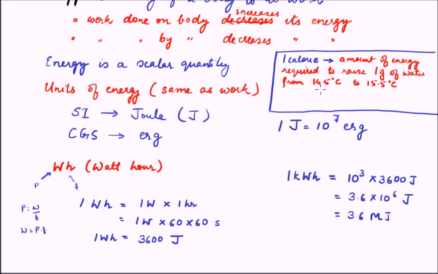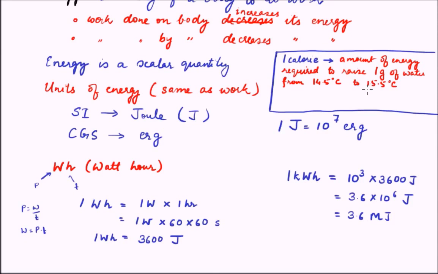The point to be noted is that the rise should be from 14.5 degrees Celsius to 15.5 degrees Celsius, because with the variation of temperature, the amount of energy required to raise the temperature by 1 degree Celsius also changes. So calorie is defined for the 1 degree rise from 14.5 to 15.5 degrees Celsius for 1 gram of water.